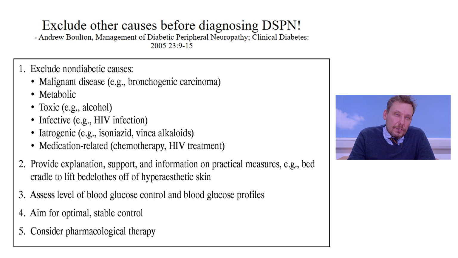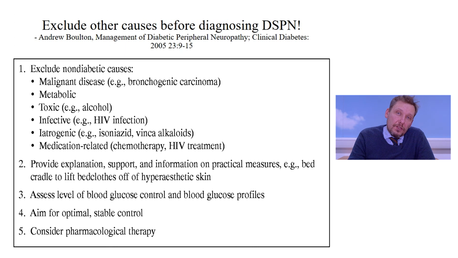So as we said, there was quite a significant proportion of patients who are picked up in epidemiology or observational assessments of neuropathy in whom the underlying cause of neuropathy isn't felt to be diabetes related. And that's why it's always very important to exclude other causes or contributory causes to DSPN in these patients.